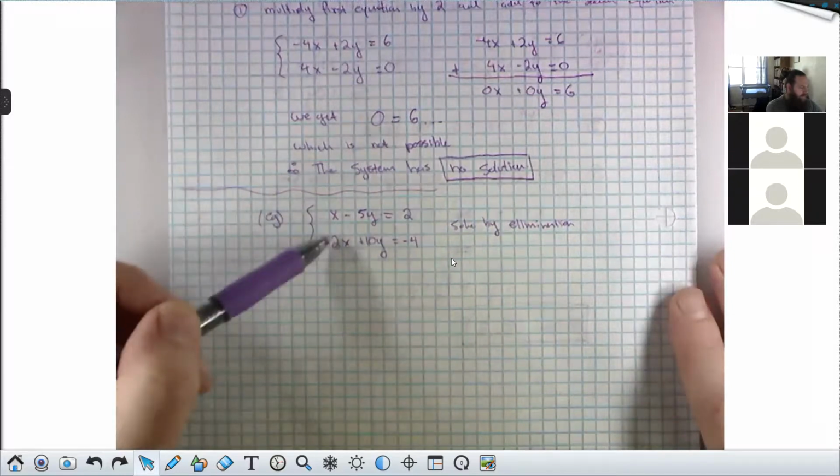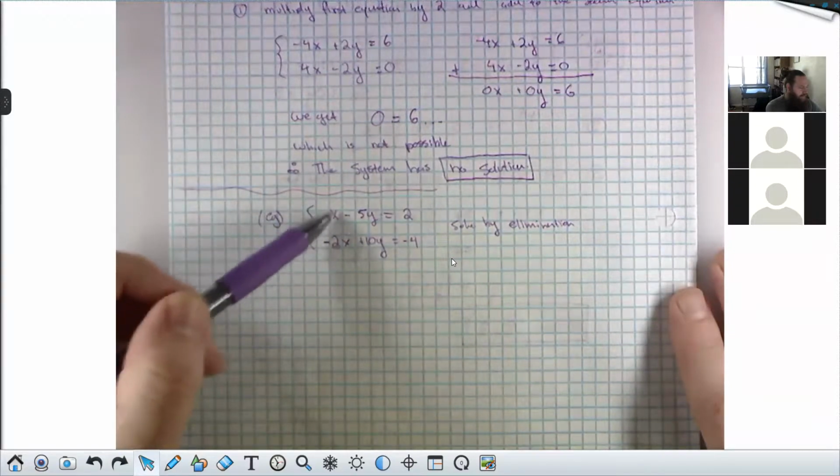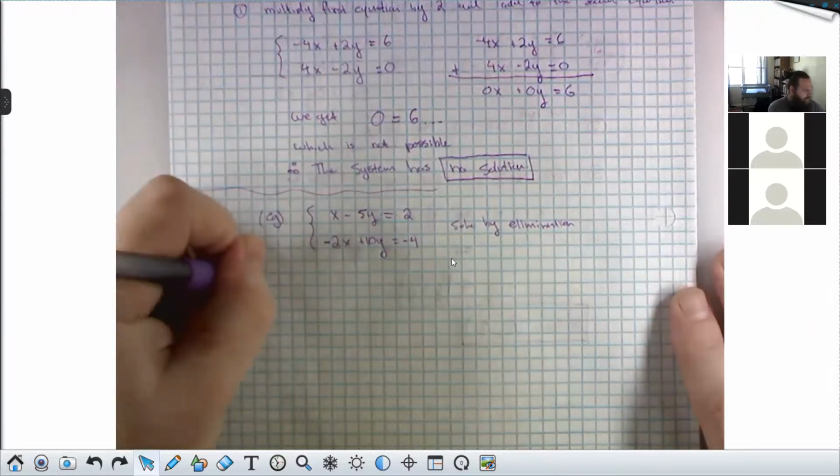If I want to eliminate the x's here, I could multiply the first equation by 2 and add to the second.